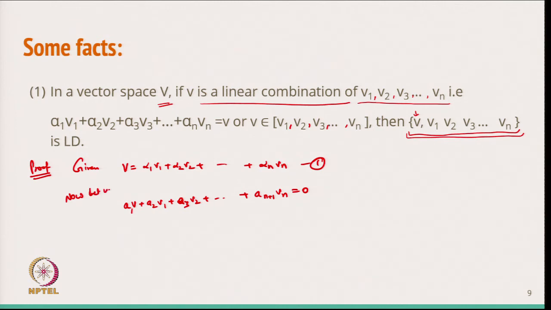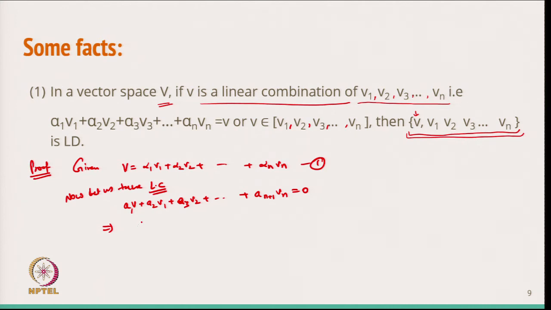This is the set of vectors and I take the linear combination. Now I want to find out what is going to happen for the scalars, whether it is going to be LI or LD.